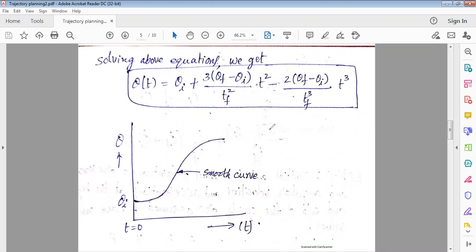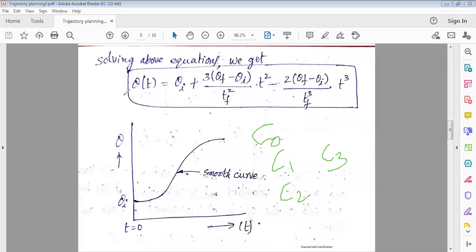Okay, so once you get the C0, C1, C2 and C3 values, you substitute these values in the polynomial function theta of t, the cubic polynomial function.